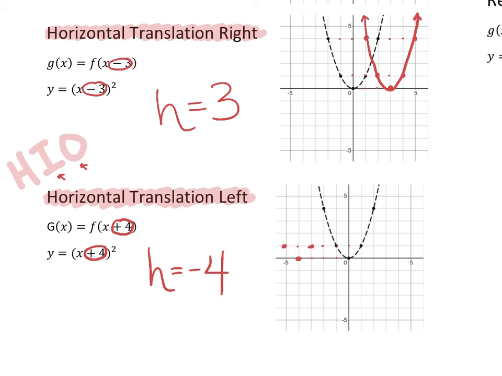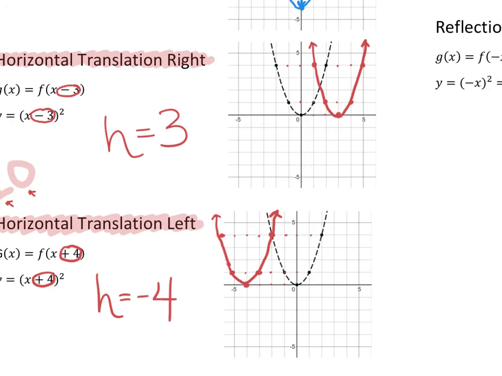A little off the graph, that's fine. And there I have my crooked parabola, it's a little bit wobbly. It has moved to the left 4 units because it's inside and opposite.